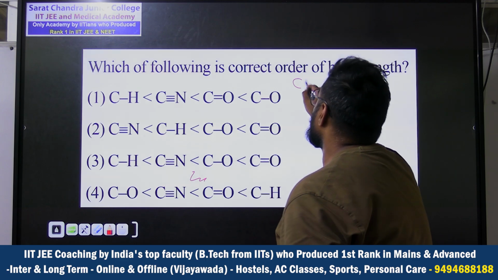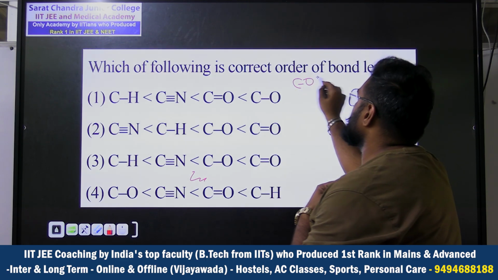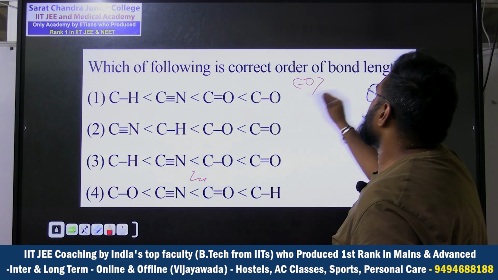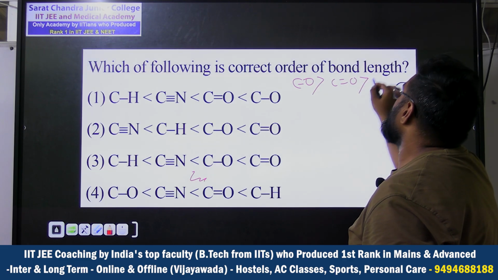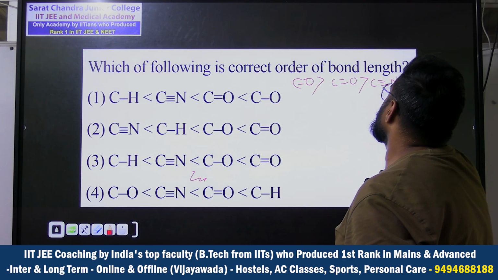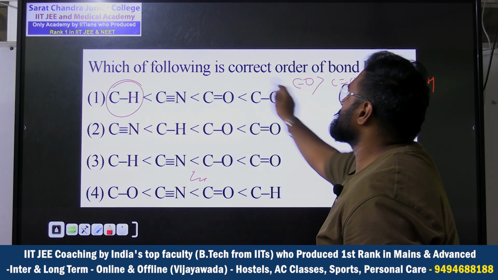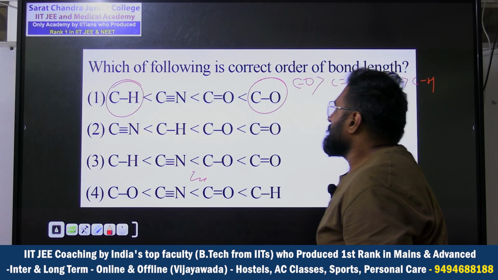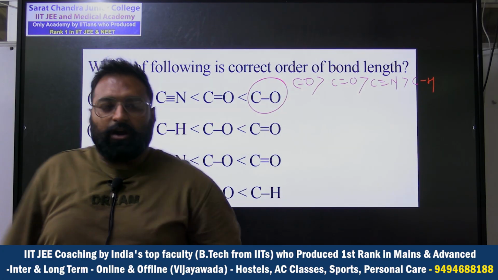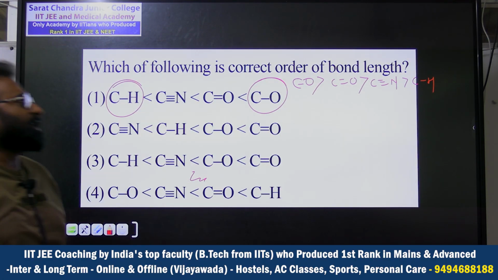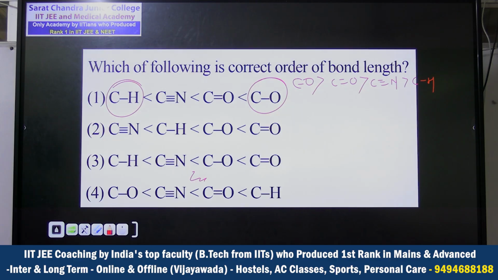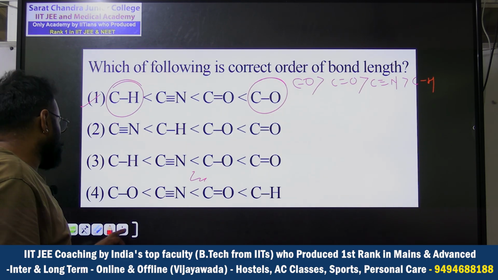So CO bond length, single bond will be more as compared to double bond and triple bond, and the last is CH. Now sir, this is least and this is highest. Why? Electronegativity difference. Electronegativity difference between CH is very low and CO is very high. So the correct option will be option number 1.